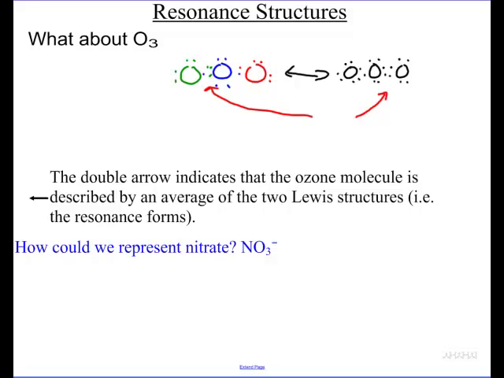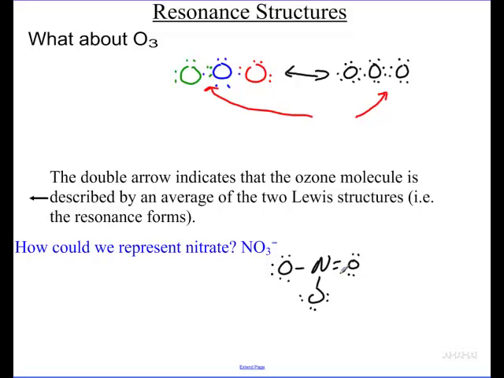So how can we represent nitrate? All right. Now, because of time, I'm just going to draw it out real fast and not go through all the steps. But basically, this is what nitrate looks like. Okay. But the question is, well, where's that double bond?